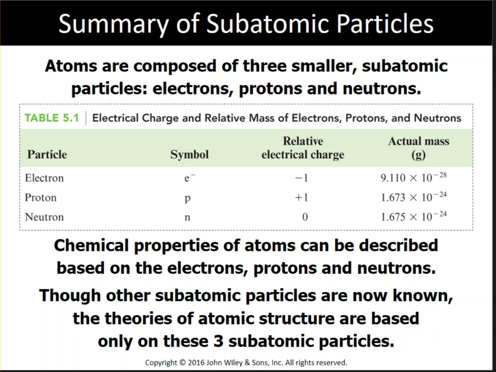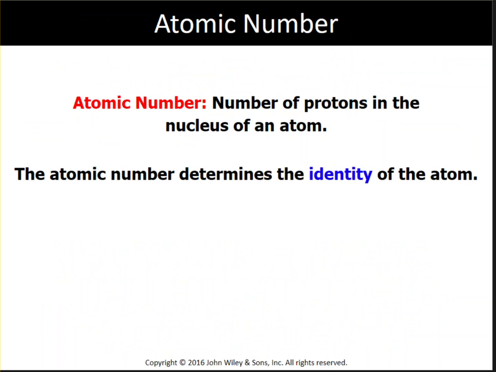And in the chapters later on, we're going to learn how the number and the location of the electrons affect the properties and reactions of different atoms. Now, keep in mind that in the structure of the atom, the simplest way we can tell how the atom looks is that in the center of the atom, there is the nucleus.